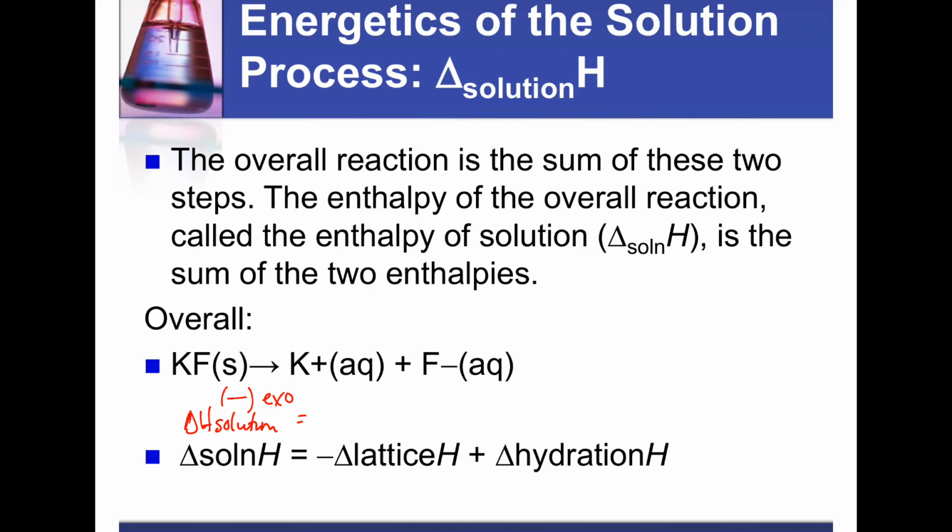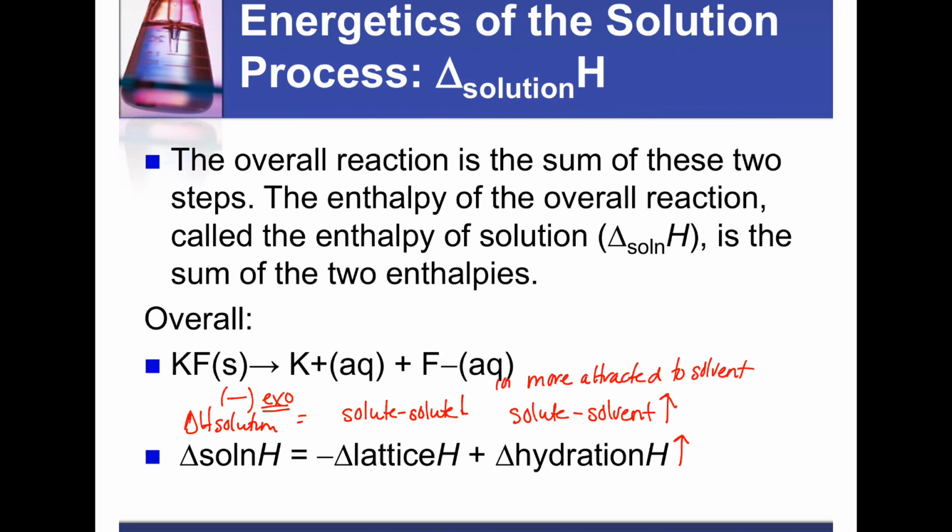And what that tells us is that when a solution gets hot when you put the two things together, it means that this number was higher, so the solute-solvent interaction was stronger than the solute-solute interaction. And the meaning behind that is that our ions are more attracted to the solvent, like water.